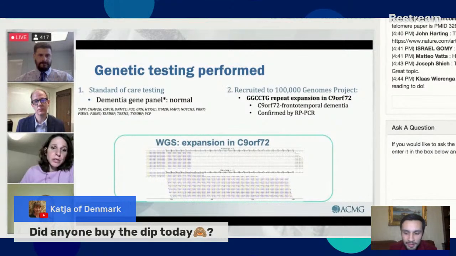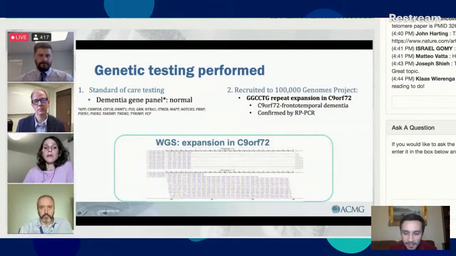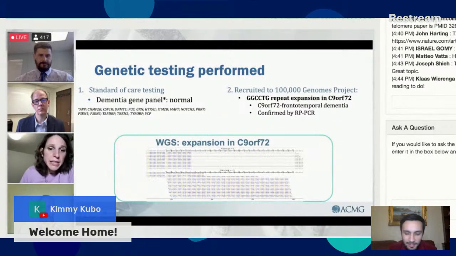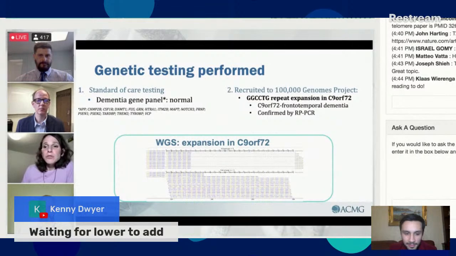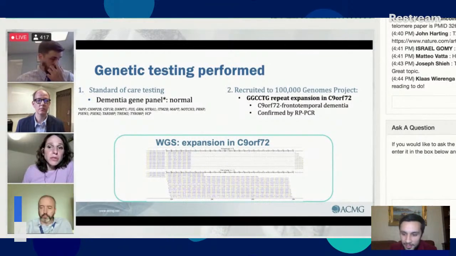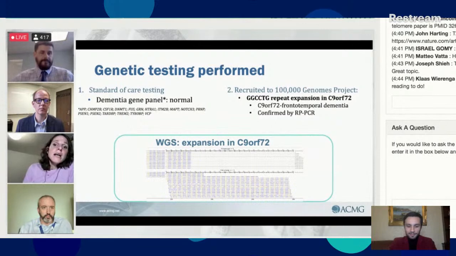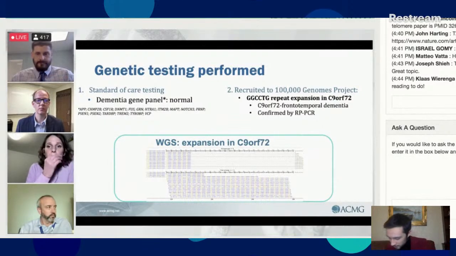Again, the pile-up plot shown here in this part of the graph shows a short allele and a larger allele in C9orf72. Expansions in C9orf72 cause frontotemporal dementia, and again, upon revision, her phenotype was thought to be consistent with that, and so a genetic report was issued.